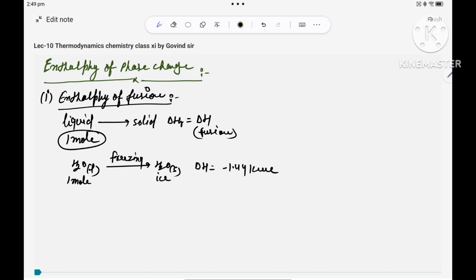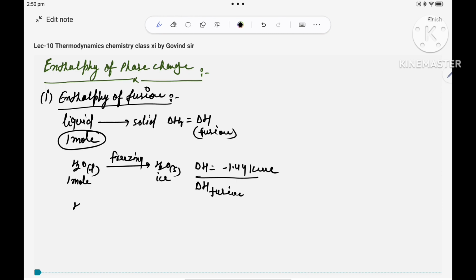So that value is your enthalpy of fusion. That is delta H for fusion. Fusion in which case? Water is converted into ice.